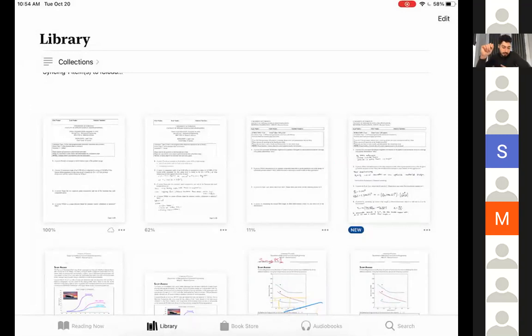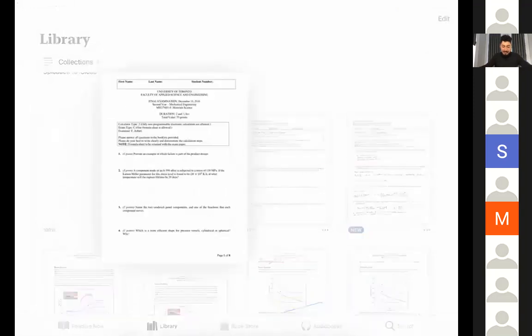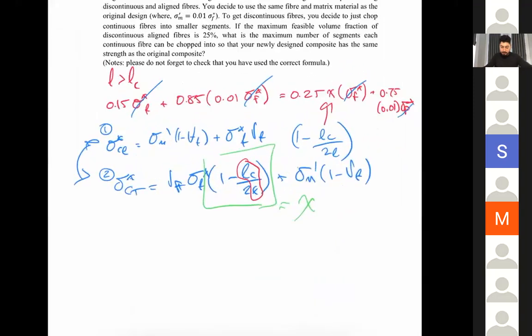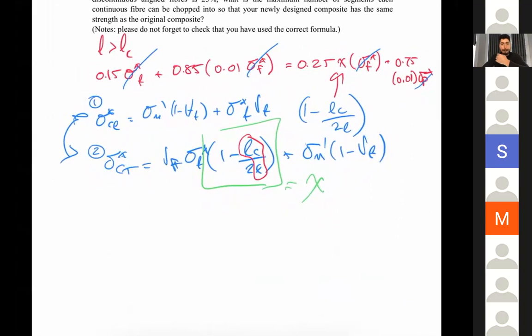Sorry, can I ask you a question? Just about the same question that we just did, the cutting one. Yes, absolutely. So at the end, how would we check that our length is greater than the critical length again?